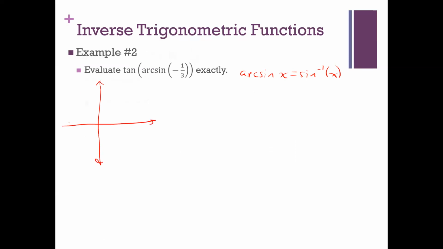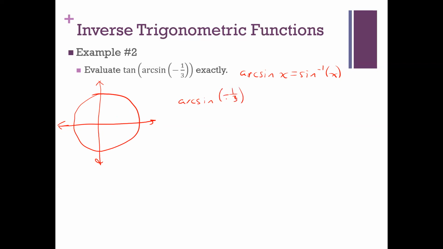So we need to evaluate this from the inside out. Let's look at the unit circle again. The first thing we're going to look at is this arc sine of negative 1/3.